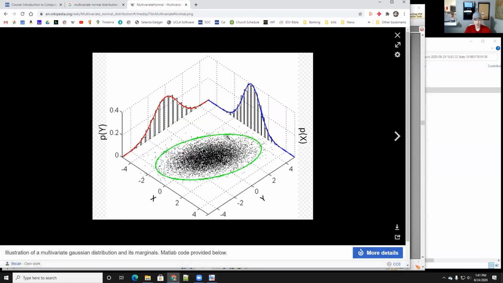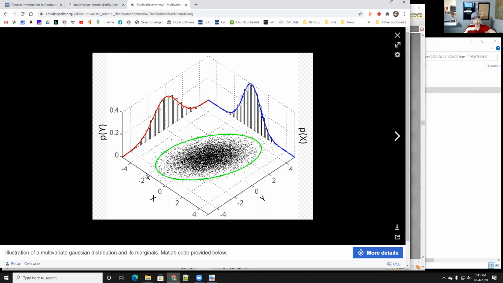Basically, this is a multivariate normal in 2 dimensions. Overall it produces this thing that looks kind of like an ellipse. And the idea is if you look at just one of the variables at a time, look at y only, it follows a normal distribution. If you look at x only, it follows a normal distribution.